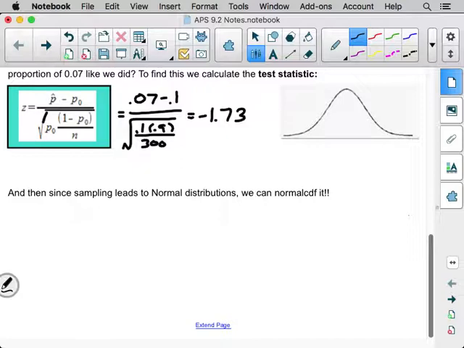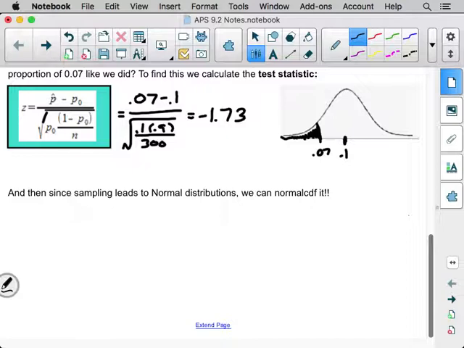All right, so right now we're assuming that 0.1 is true. We got a sample down here at 0.07, and we want to know how rare is that. Well, what calculator command can we use to find the area under a curve? Normal CDF. So what we can do is calculate how rare that is.